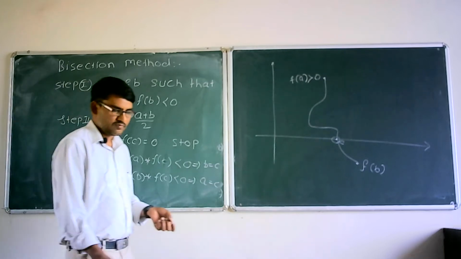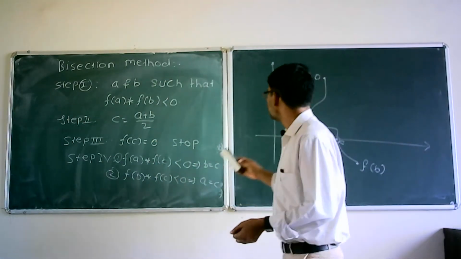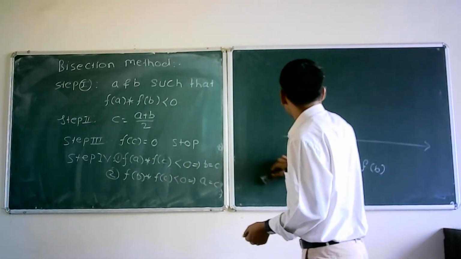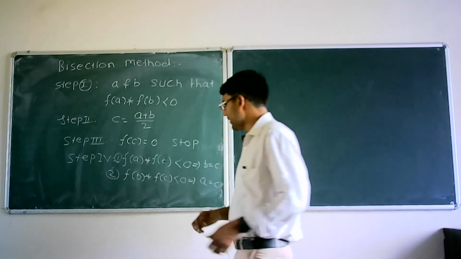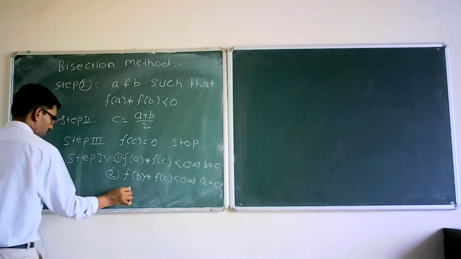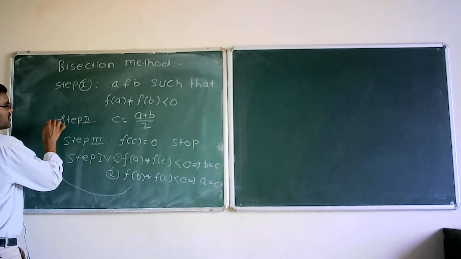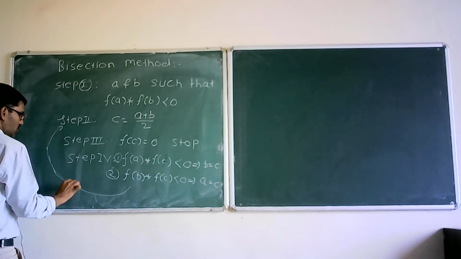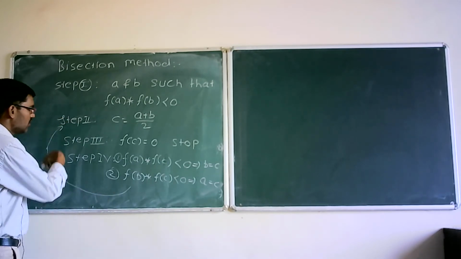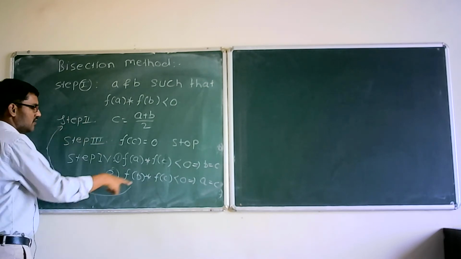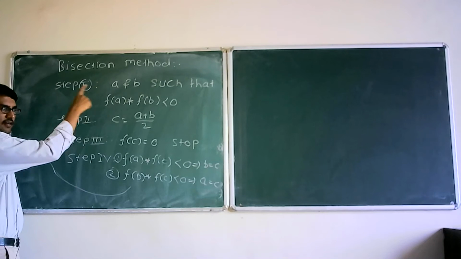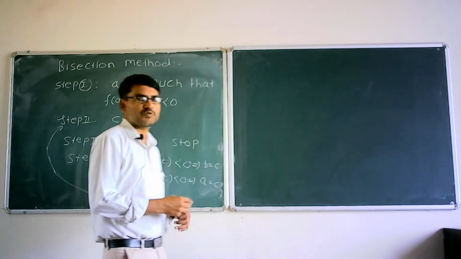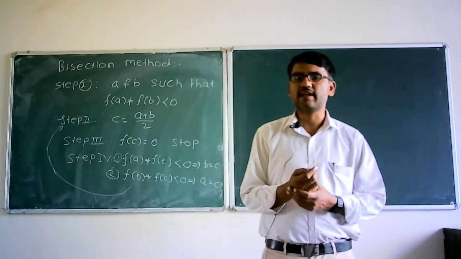So this is the method to determine the root, and then again go to step 2. Again find C, again check whether it is 0 or not, again check sign, continue this process. You want to repeat this process until you get your desired accuracy.